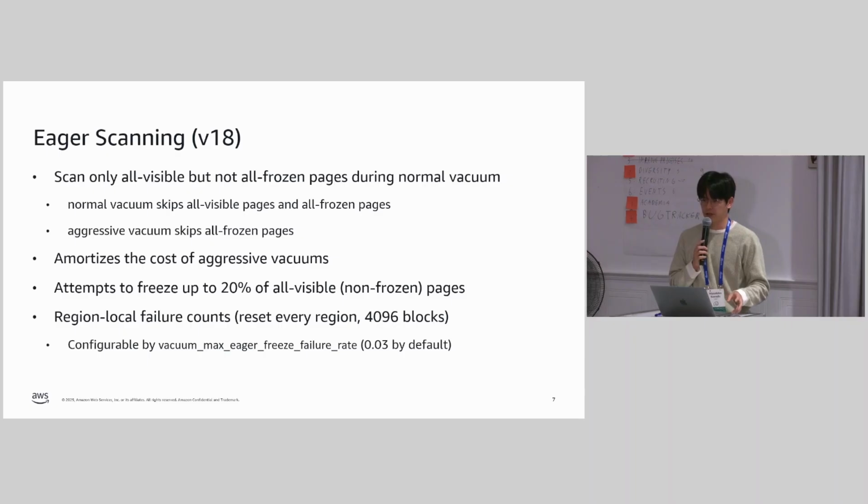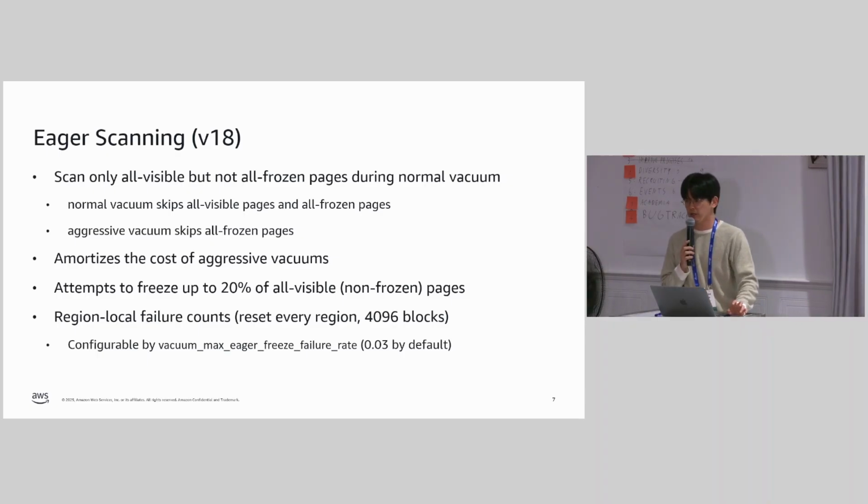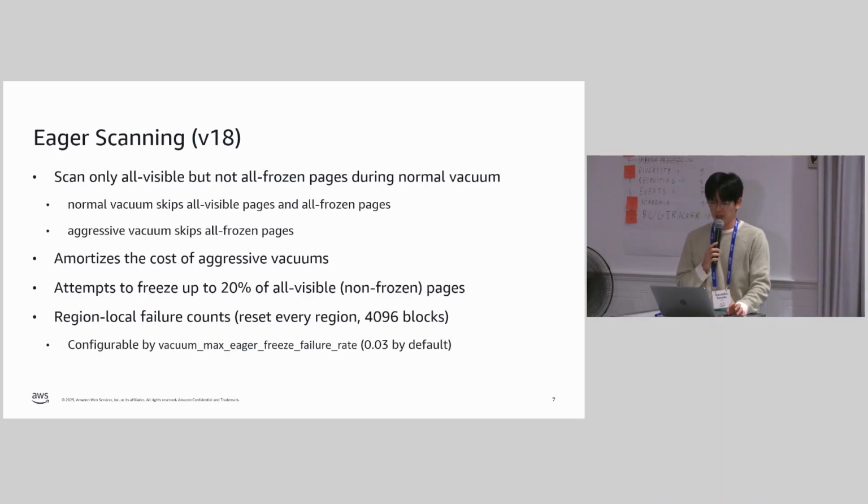It counts as a failure. The failure count is maintained locally in each region. A region consists of 4096 blocks, and we reset the failure count for every region. So in other words, if we failed to freeze pages many times in a particular region, we give up eager scanning in that region, but we try again in the next region, resetting the failure count.